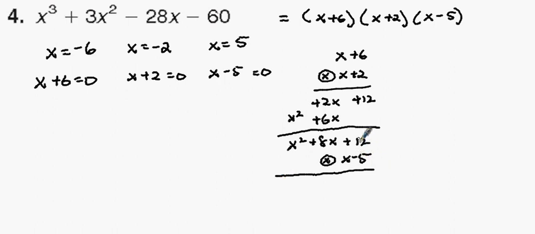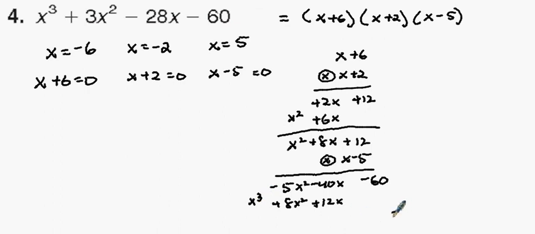So negative 5 times 12 is negative 60. Negative 5 times 8 is negative 40x. And negative 5 times x squared is negative 5x squared. X times 12 is a positive 12x. 8x times x is a positive 8x squared. And x times x squared is x cubed.